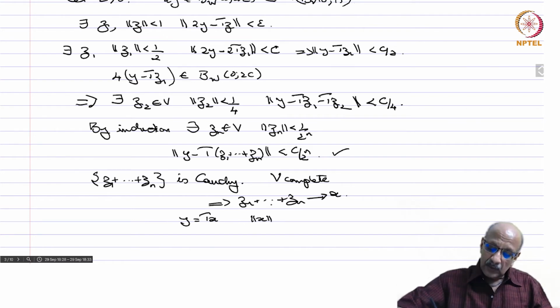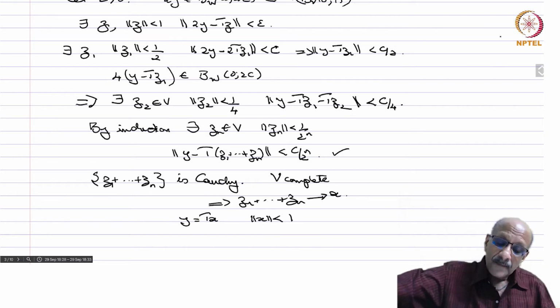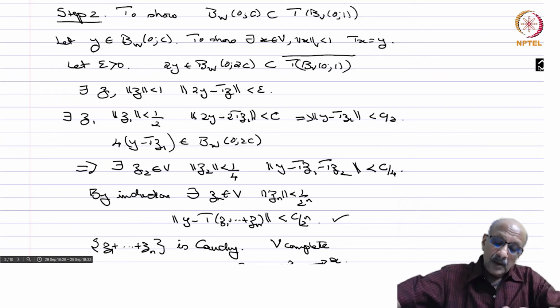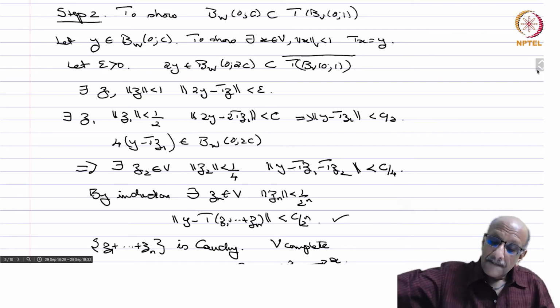It is less than or equal to the sum of the norms of all these things. That's a convergent geometric series, and therefore that will be strictly less than 1, since each norm zn is less than 1 by 2 power n. So there exists an x, and so we have proved that there exists an x with norm x less than 1, and this is exactly what we wanted to show, such that Tx equal to y.